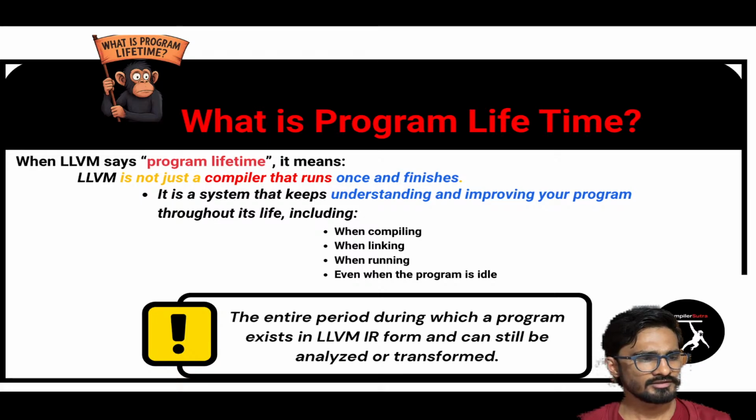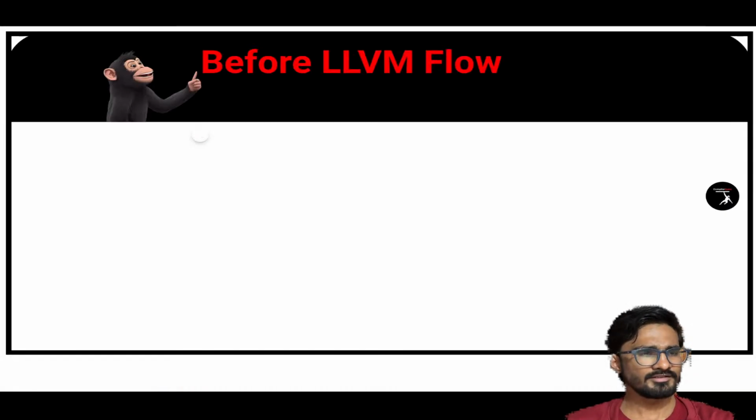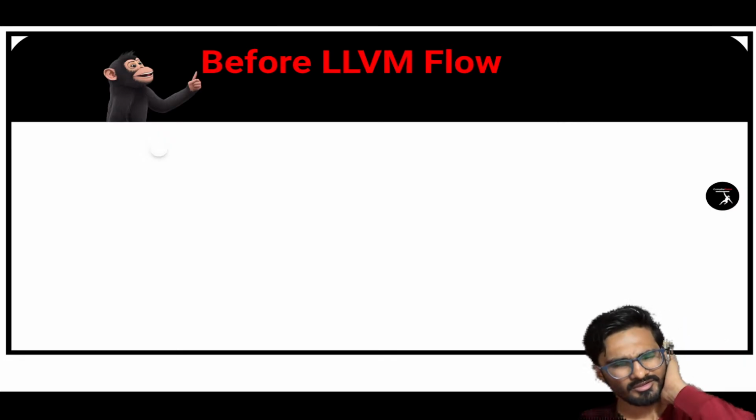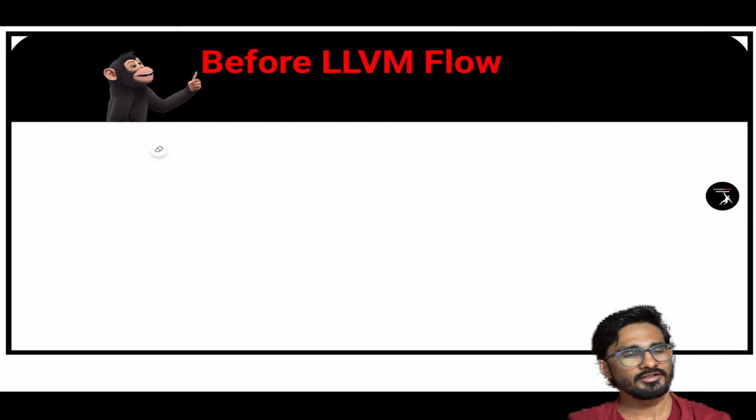Now let's see the flow before LLVM. Before LLVM came into the compiler domain, I think the design came around 2000. Then Apple was the first company to enable Clang around 2006.